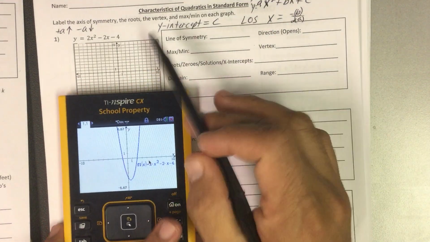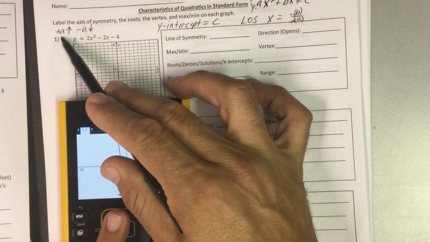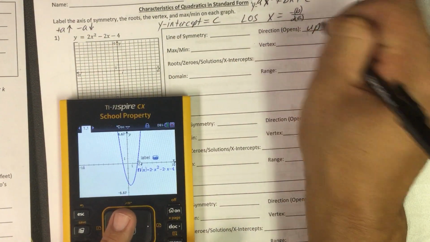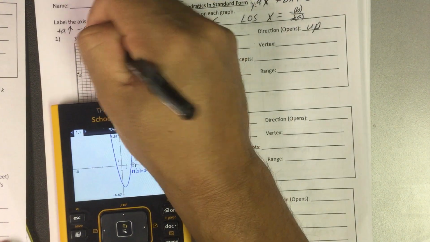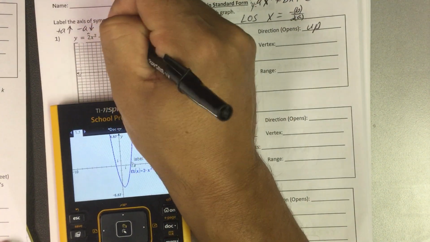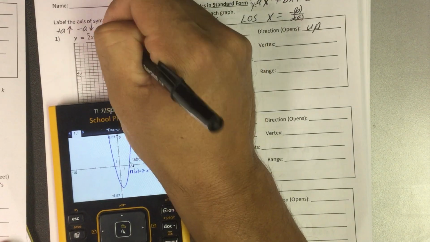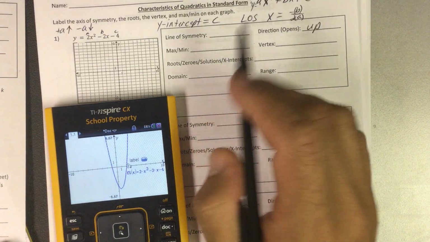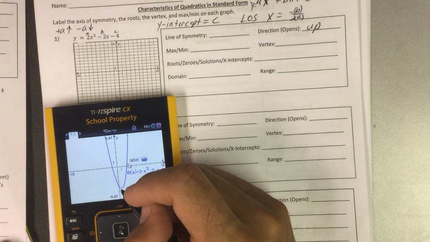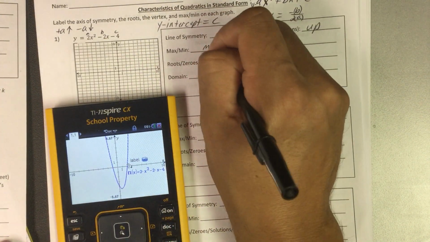Again, using our information up here, it's easy. A is positive, it opens up. A was 2, B is negative 2, C is negative 4. If it's opening up, then the vertex right there is a minimum point.